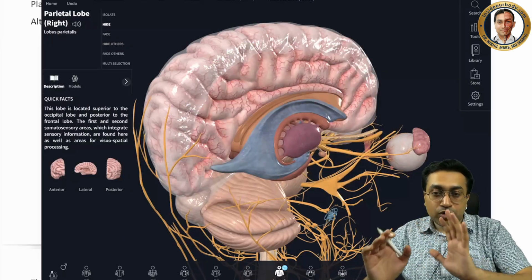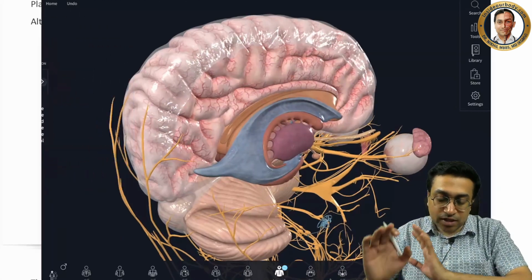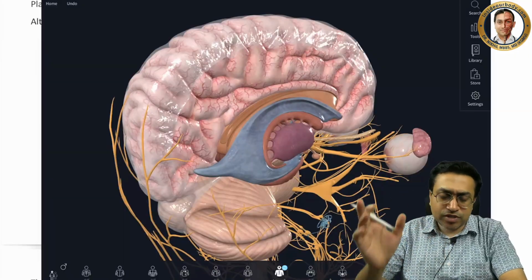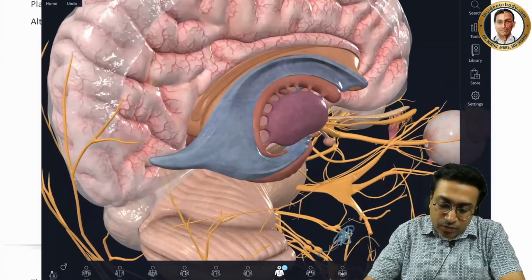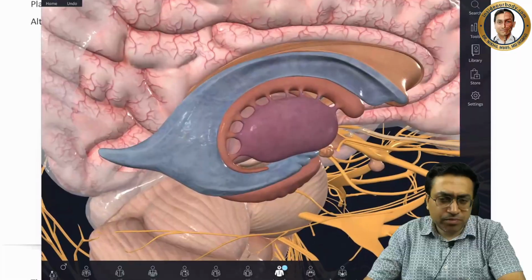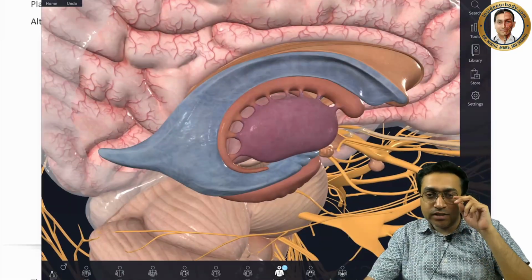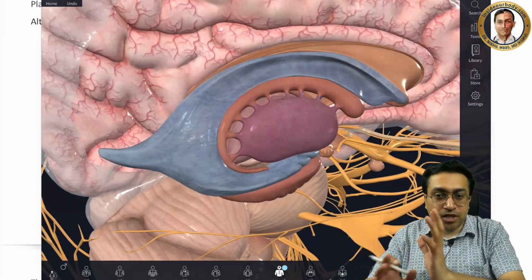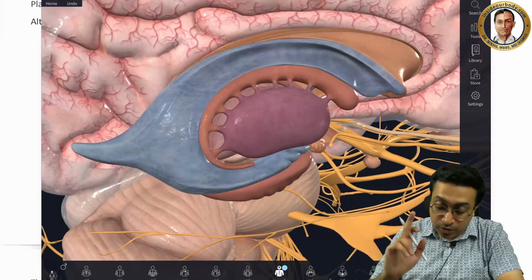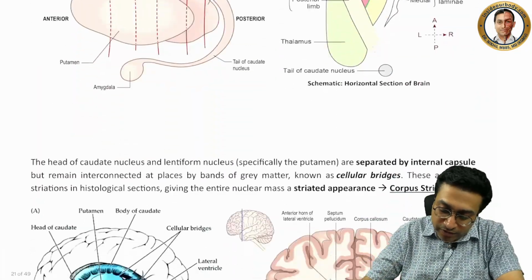All right, so now you can visualize all these structures, just the cerebral cortex has been removed. Okay, obviously the meninges and everything. Now see what are these structures which are visible. Very beautiful animation, I would say, to understand these things better, and animations will help you always to gain more concepts. Okay, one more photo I need to show you before I dive into this.